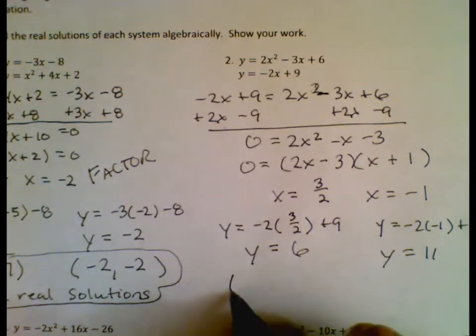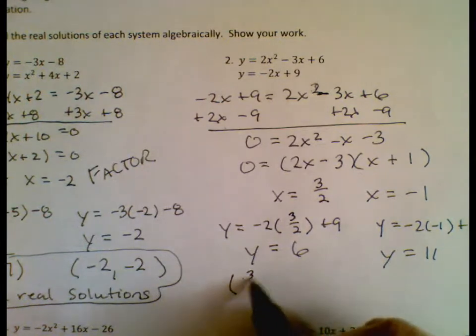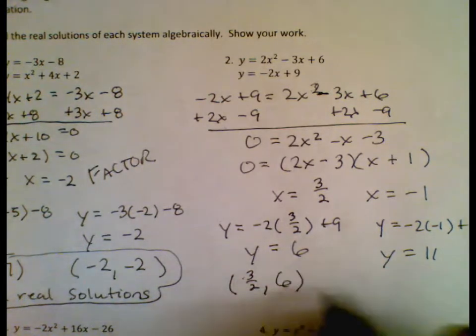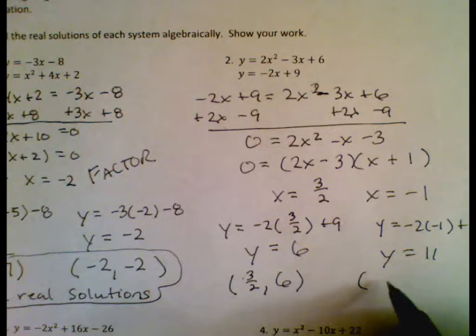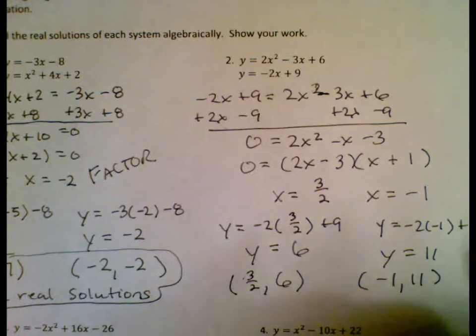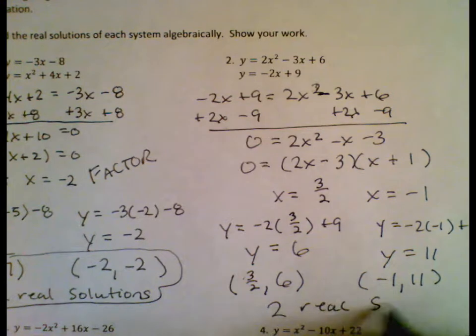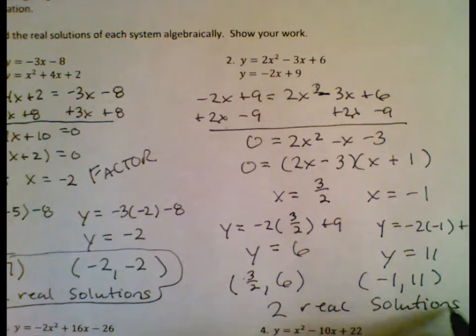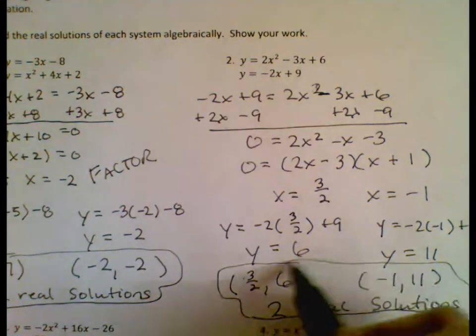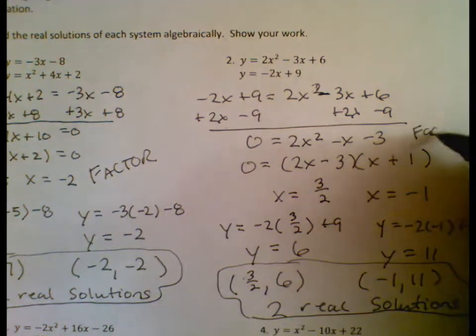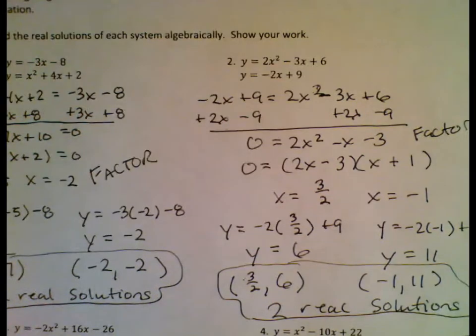So I get the ordered pair 3 halves, 6, and negative 1, 11. And again, I have two real solutions. And again, I did factoring on that one.